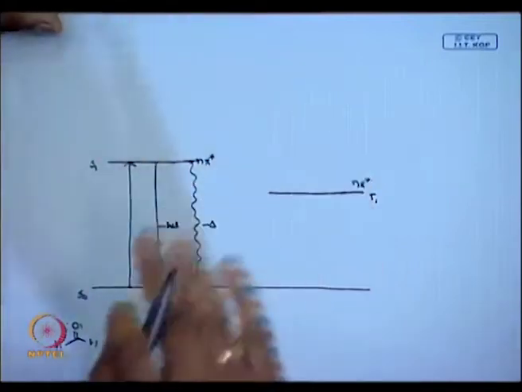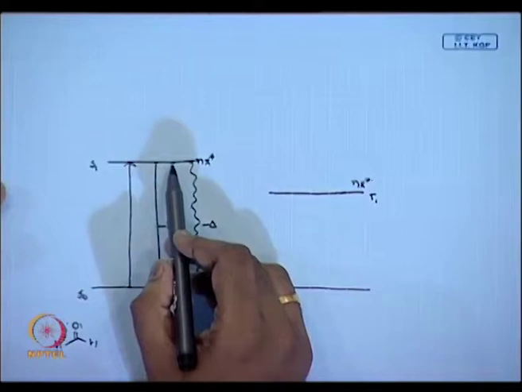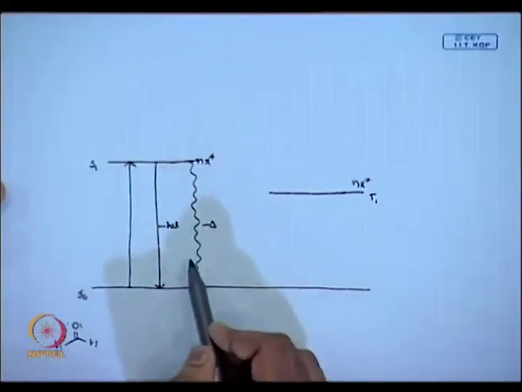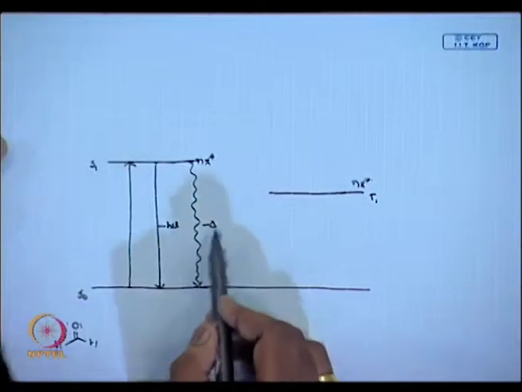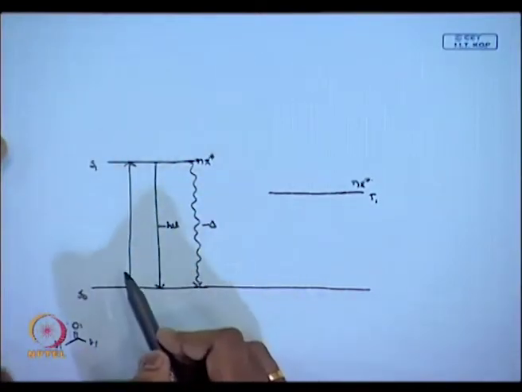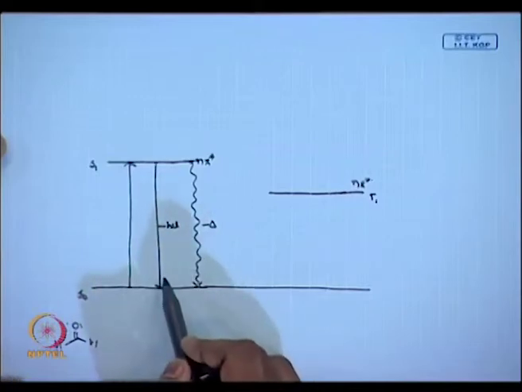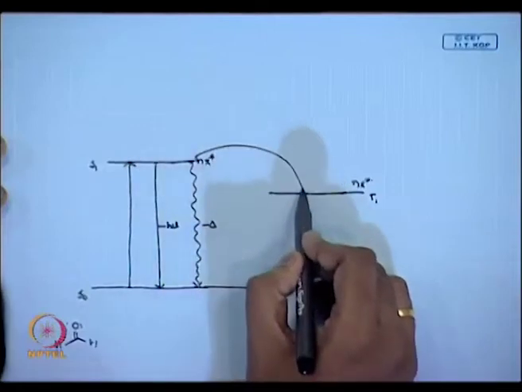We will get into that a little bit later. Or the other thing it can do is come down to its S0 state by a non-radiative process. This is how it can come to S0. If it does not want to come to S0, what can it do? It can go to T1.